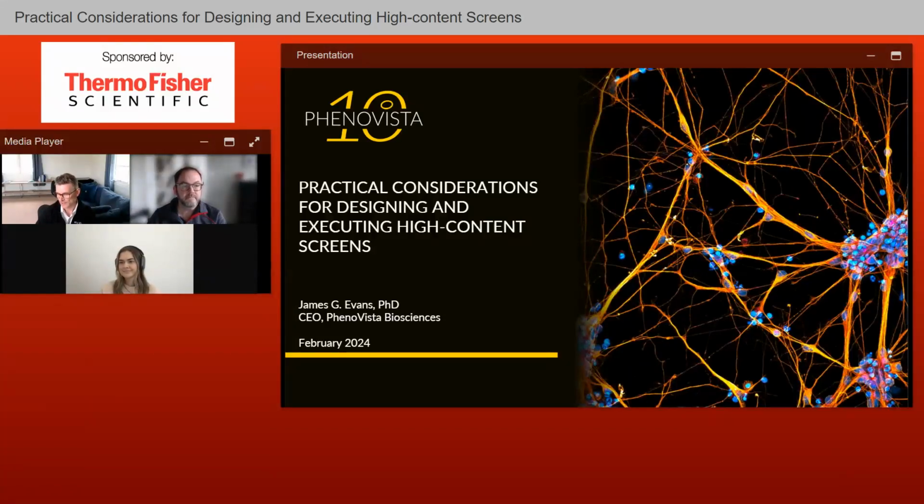You can look at the abundance, the formation of aggregates, and the location of those aggregates. So really an active area for us at PhenoVista.